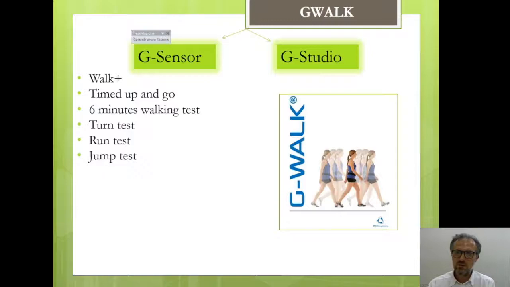We can use two different families of protocol, the one coming from G-Sensor and the one coming from G-Studio. The G-Sensor protocols are mainly devoted to gait analysis with the Walk Plus, the instrumental evaluation of the Timed Up and Go test, the instrumental evaluation of the 6-minute walking test, and we can have data from the turn test, the run test, and the jump test.